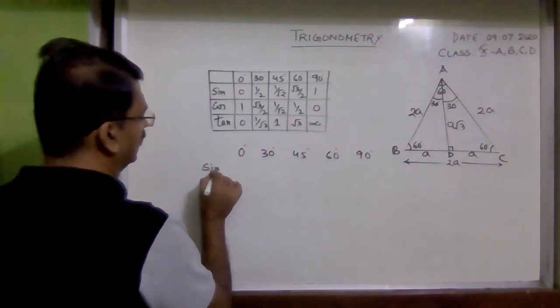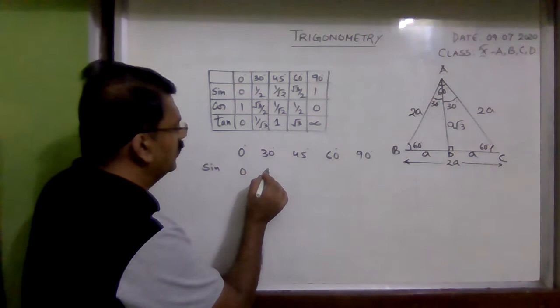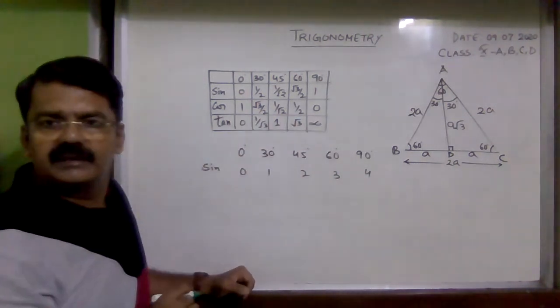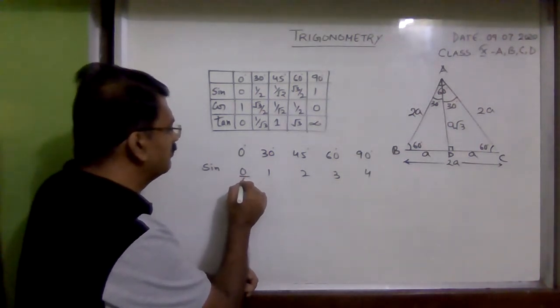Sine. I am going to tell you sine values. You start from here 0, 1, 2, 3, 4. In order you write 0, 1, 2, 3, 4. And then divide all the numbers by 4.